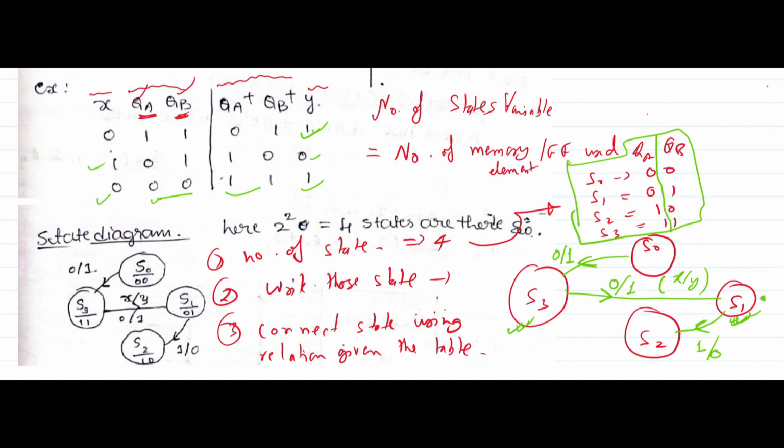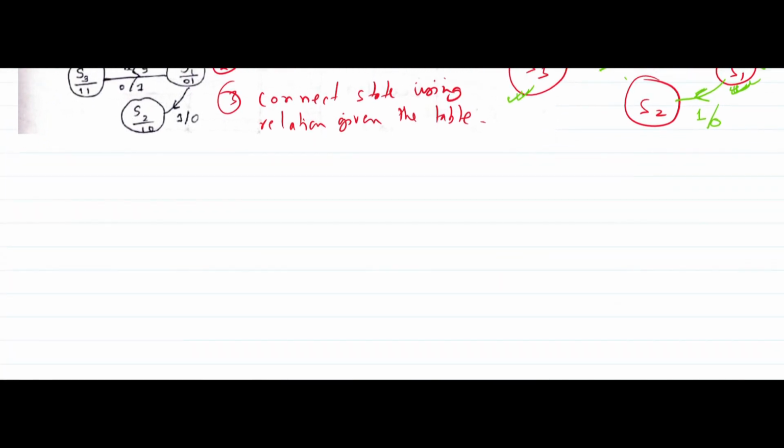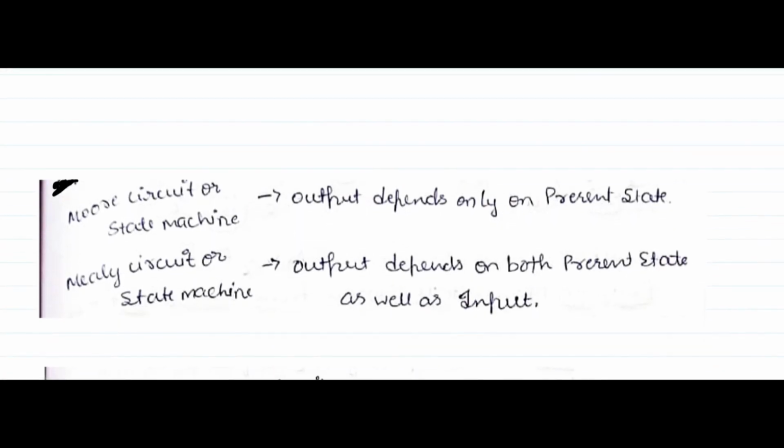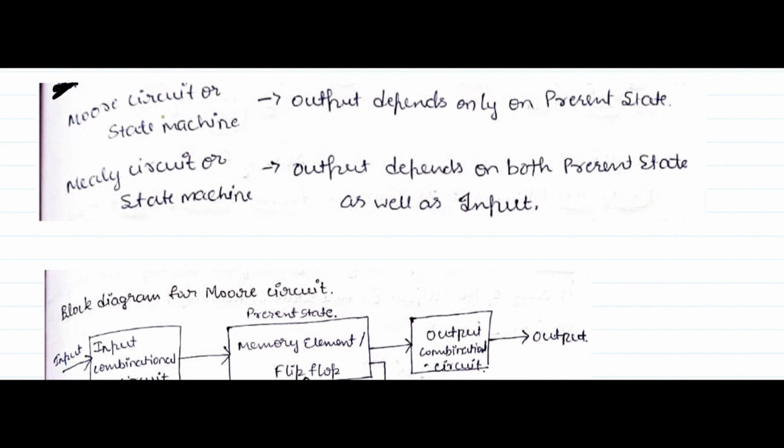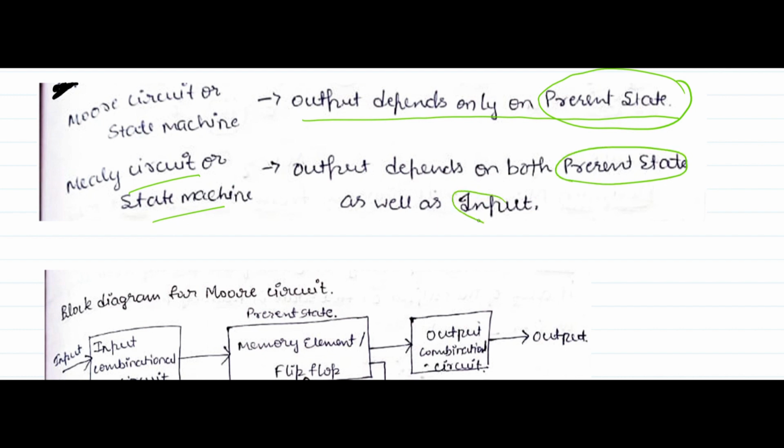Now we have two types of state machines. Those state machines are the Moore State Machine and the Mealy State Machine. A Moore circuit, or Moore State Machine, is a state machine where output depends only on the present state, and not on the input. In a Mealy circuit, or Mealy State Machine, output depends both on the present state as well as on the input.